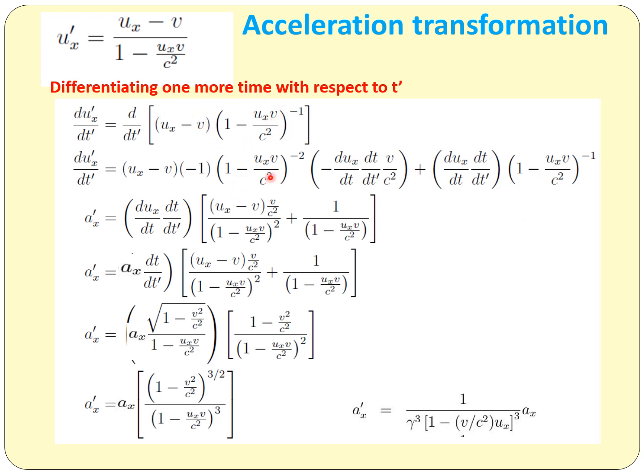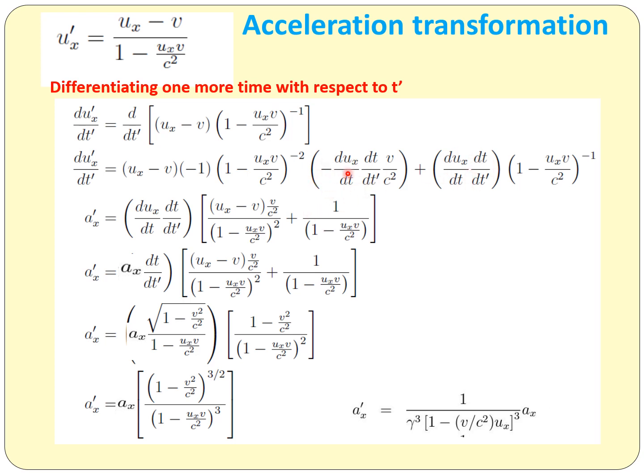This was the product of two functions, and we were differentiating with respect to t prime, but here we will take dux by dt into dt by dt prime with the chain rule, so that we can write it as ax. So for simplification, we will take this outside of the bracket, dux by dt into dt by dt prime.